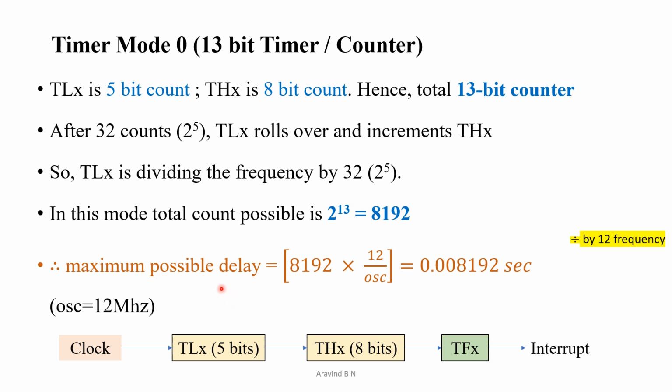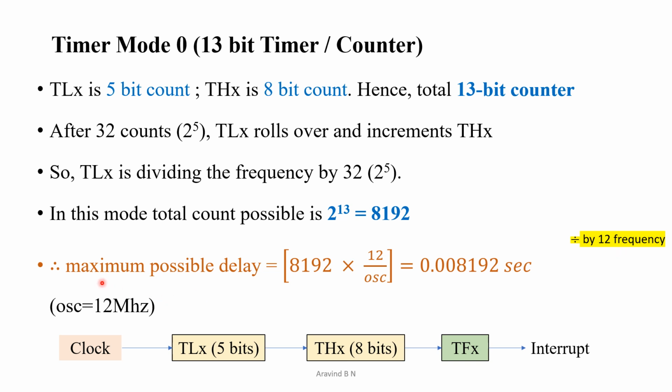Remember, in case of 8051, the frequency is internally divided by 12. So this divided by 12 is always a common representation irrespective of the oscillator value or whichever mode of operation it is. Therefore, we must consider this divided by 12 concept whenever we are calculating the delay.